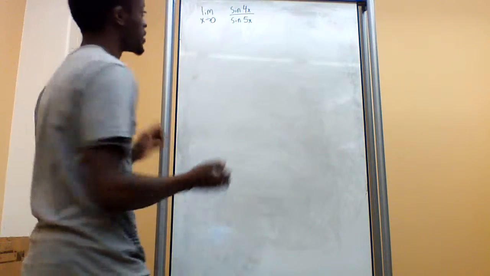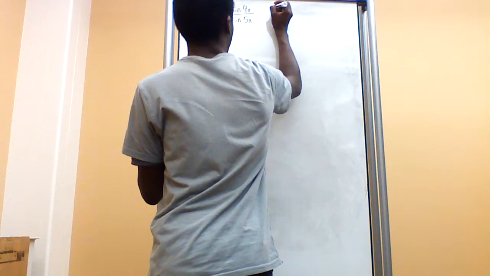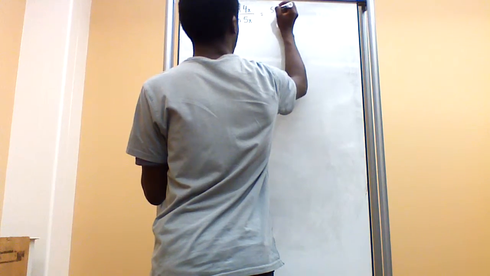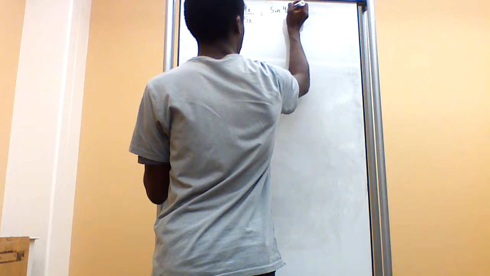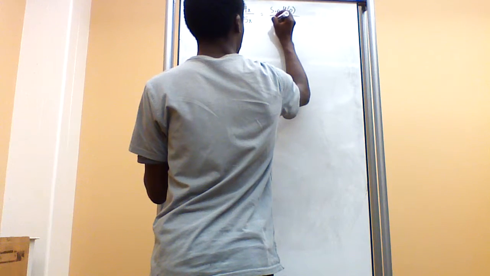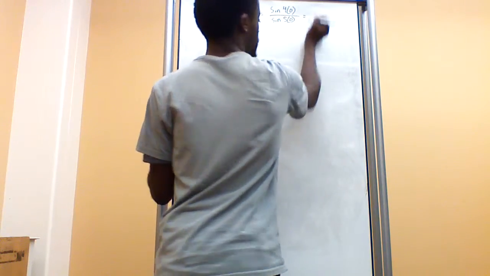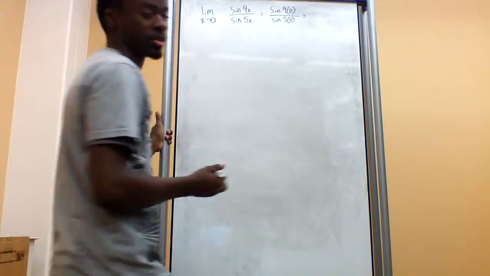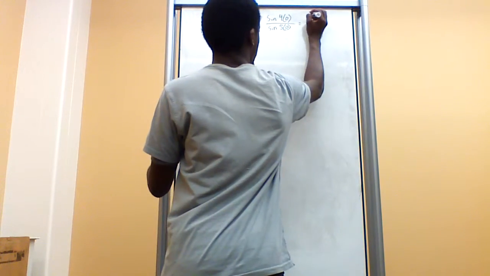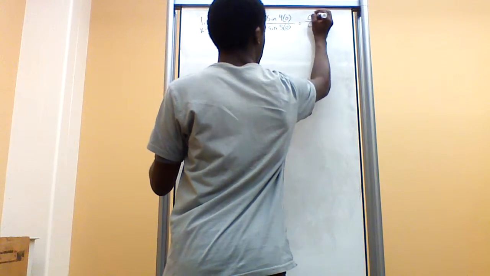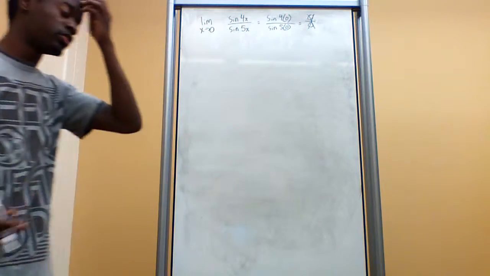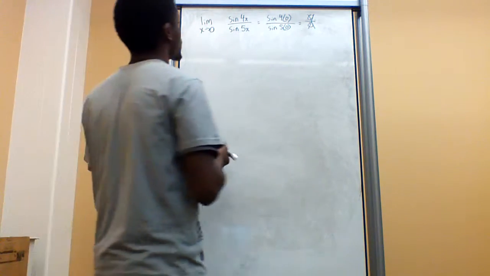First, we're going to direct substitute. And this will come out to 0 over 0 again. And that is indeterminate, so we're going to change the way that the function looks.